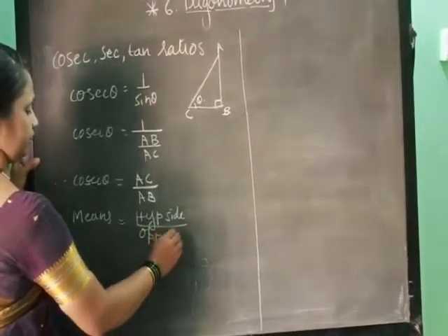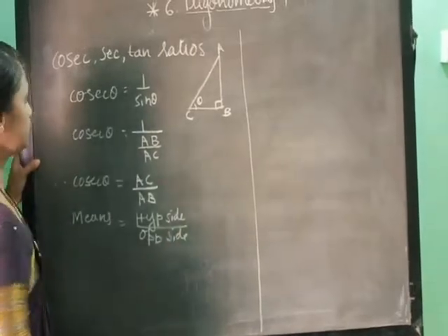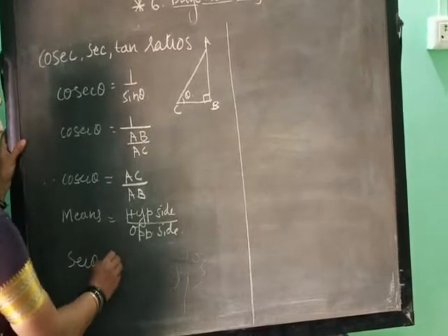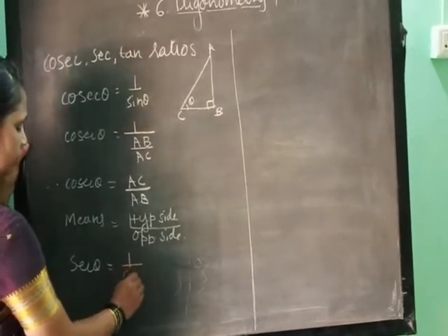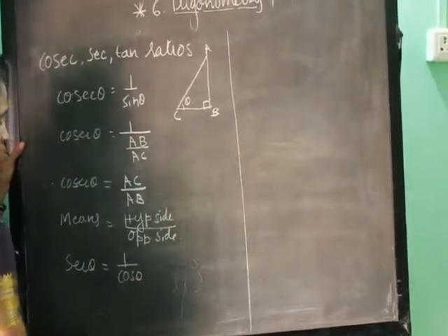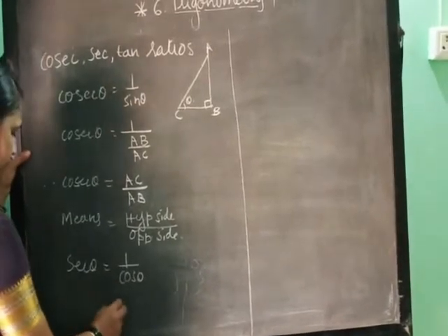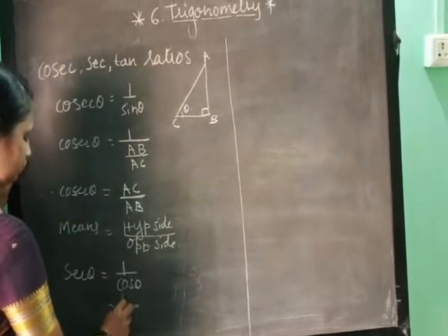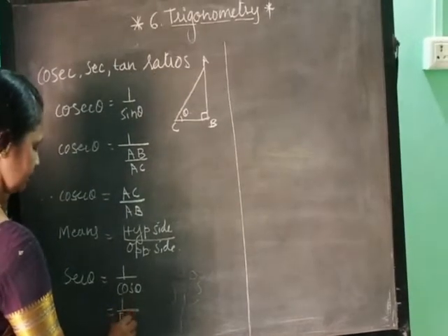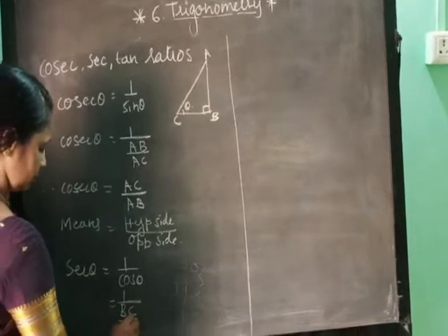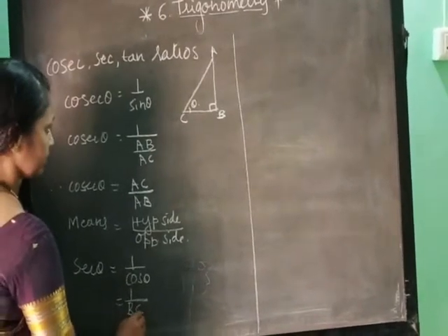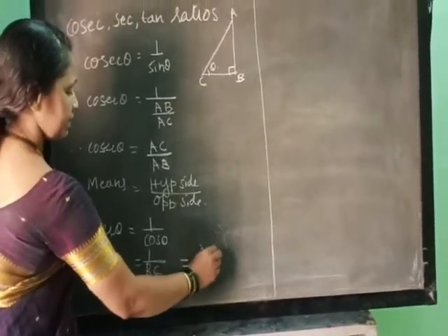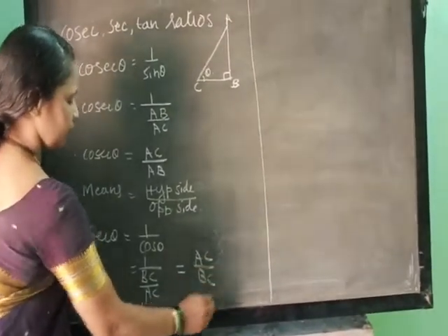Now we will see sec theta. Now sec theta we know. Sec theta is equal to 1 upon cos theta. Now cos theta is equal to what? Cos theta is adjacent upon hypotenuse. Adjacent is BC upon hypotenuse, that is AC, which will be equal to AC upon BC.